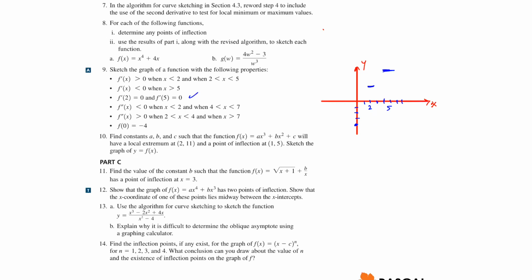We don't know the value of the function at 2 and 5, but since f of x is increasing when x is between 2 and 5, f of 5 is definitely greater than f of 2. The function is passing through (0, -4), and it has a positive derivative before 2 and between 2 and 5.